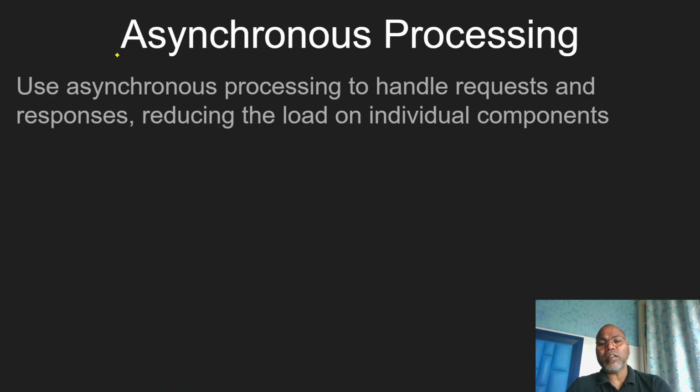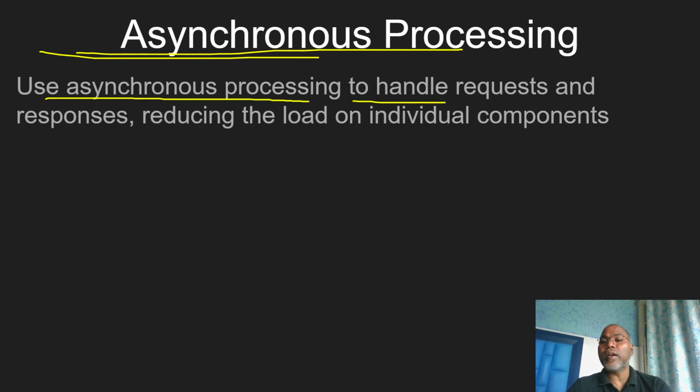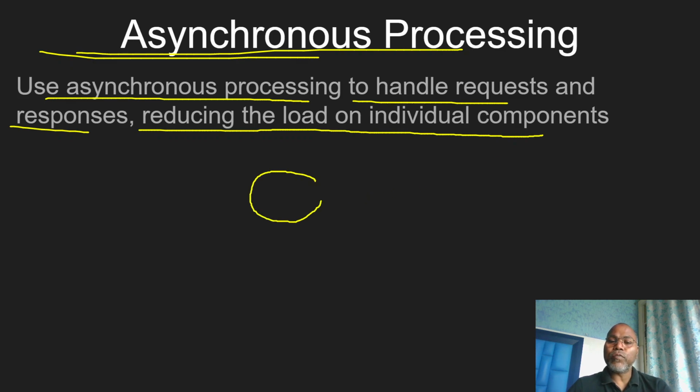And one more, not the last, is asynchronous processing. If possible, use asynchronous processing to handle request and response and reduce the load on individual components. Let's say component 1, component 2, component 3.